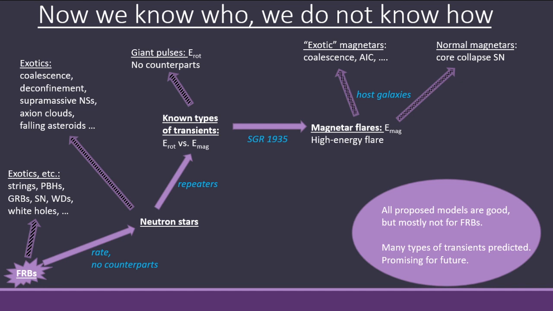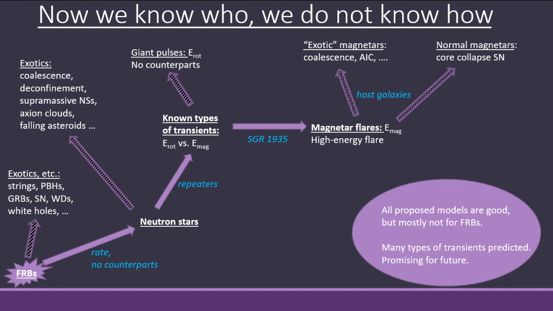But even with axion clouds or asteroids or something else, it's very difficult to make, for example, 75 bursts in several hours. So we follow a more traditional route. Some can say that it becomes more dull, exotics is not working, but there's always a place for exotics, I would say.